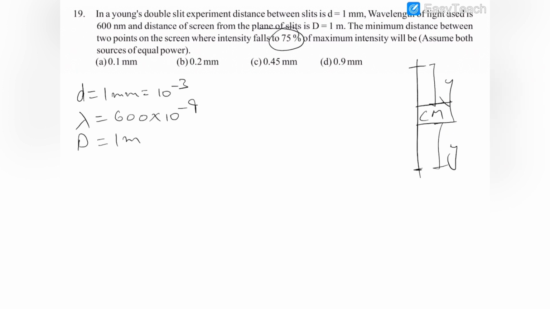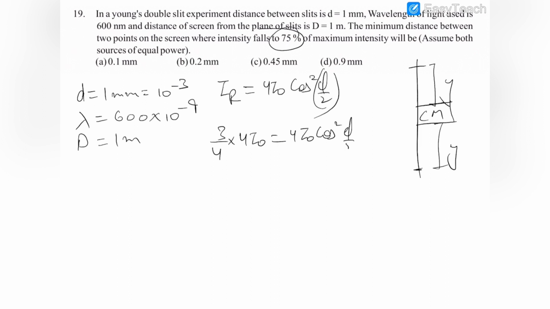Now we know the formula that the resultant intensity is 4I0 cos square phi by 2, and this resultant intensity is the intensity at these points, so it should be 3/4 of peak intensity, which is 4I0. So this is 4I0 cos square phi by 2.